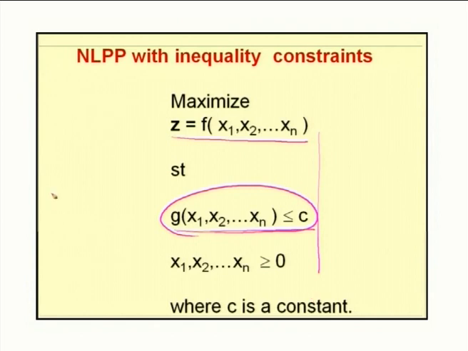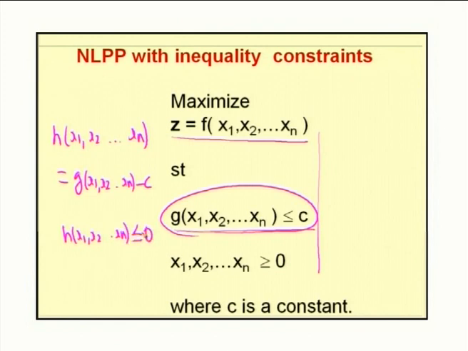Now, if we introduce h of x1, x2, ..., xn as g of x1, x2, ..., xn minus c, then this constraint becomes h of x1, x2, ..., xn less than or equal to 0.